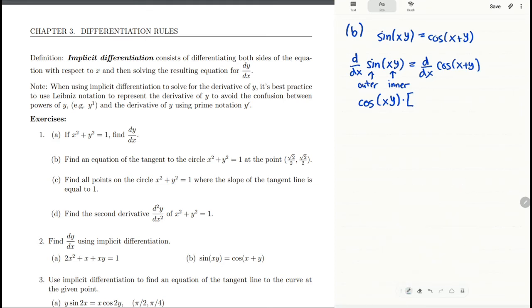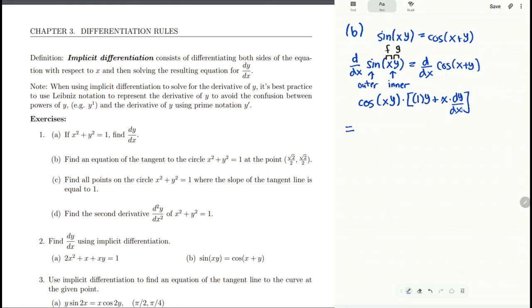and then we multiply this by the derivative of the inner function. Now, to differentiate x times y, we need to use the product rule. So x is going to be f, y is going to be g. Using the product rule, we have 1 times y plus x times dy over dx. And this will be equal to the derivative of the right-hand side.